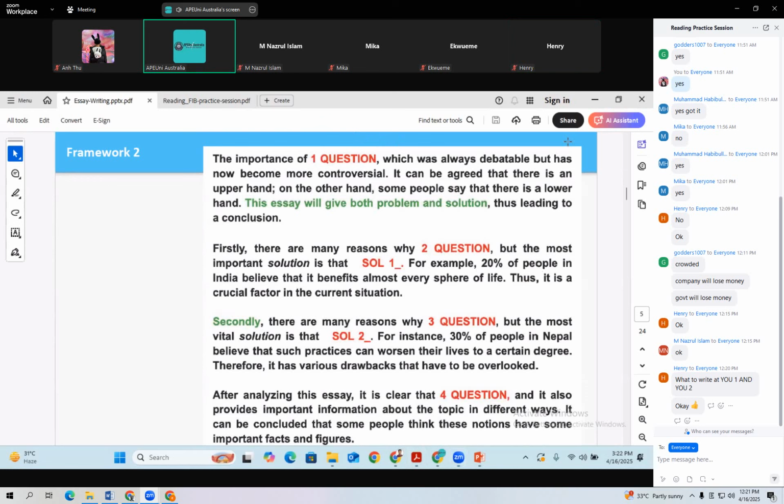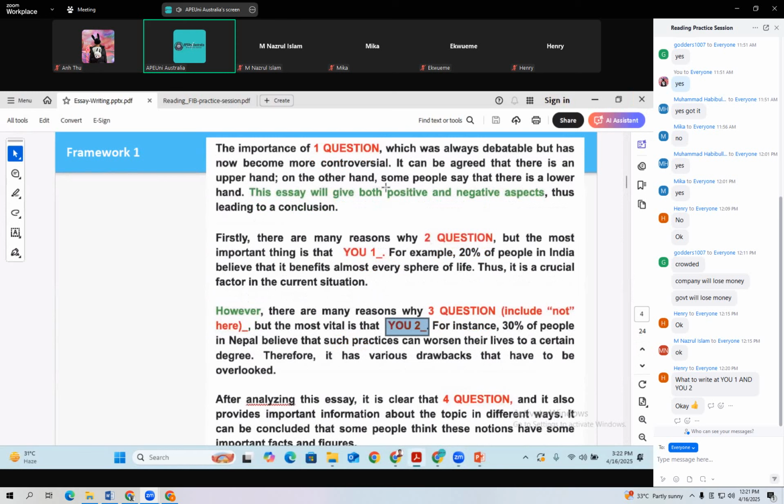So let's come to the problem and solution. The frameworks are more or less the same. Everything is the same, you just have to change a little bit. Previously we wrote positive and negative aspects, right?